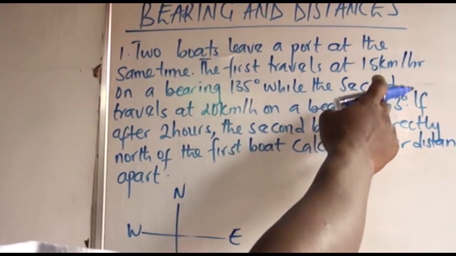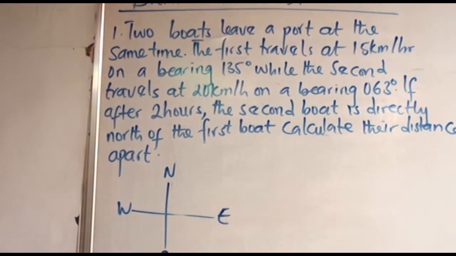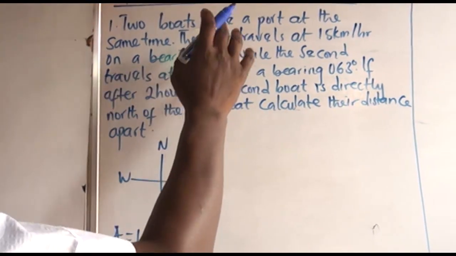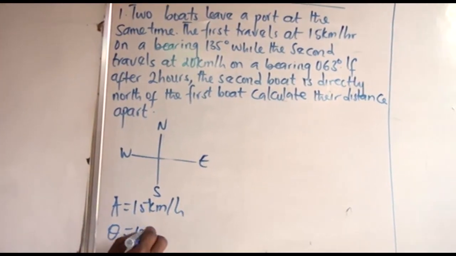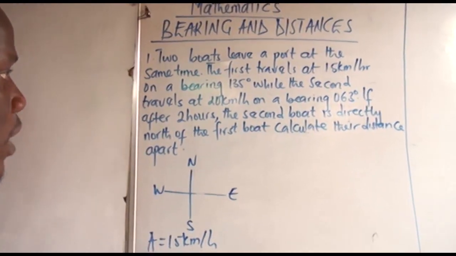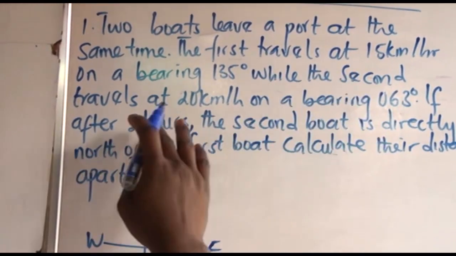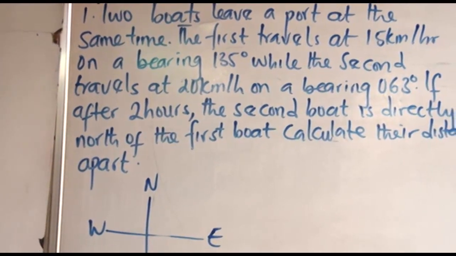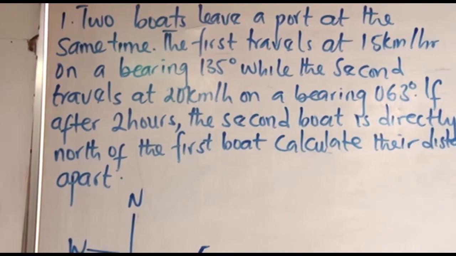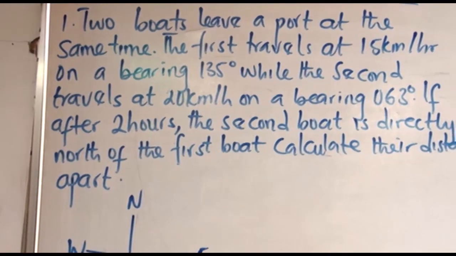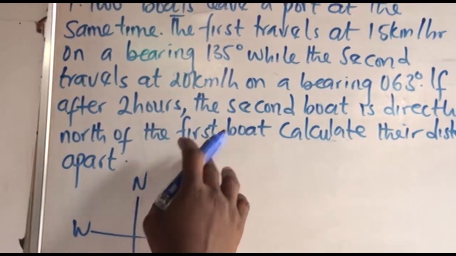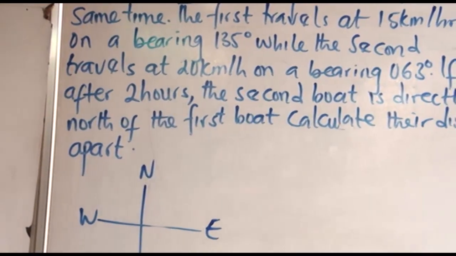The first boat, boat A, travels at 15 kilometers per hour on a bearing of 135 degrees, while the second boat, boat B, travels at 20 kilometers per hour on a bearing of 063 degrees. After 2 hours, the second boat is directly north of the first. Find the distance apart.